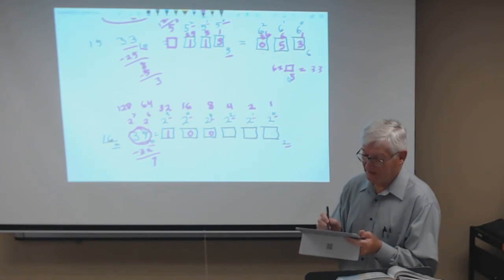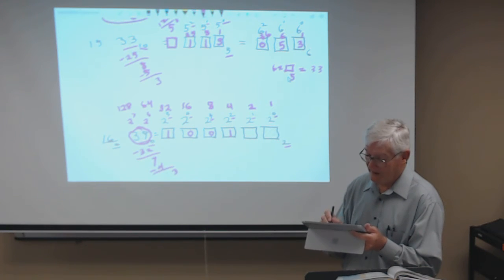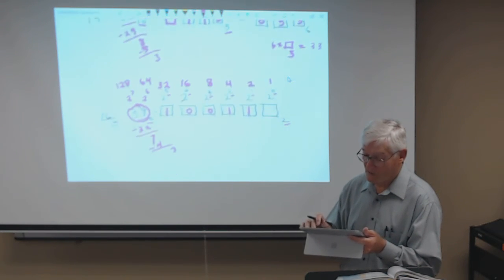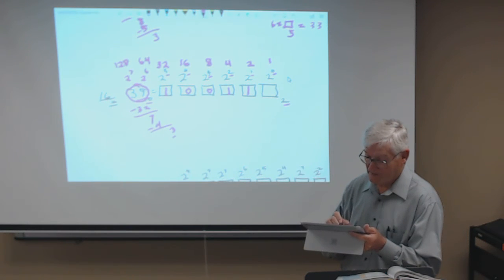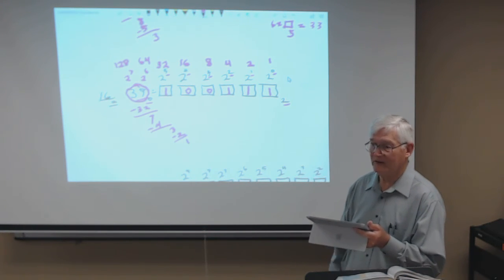No. Any 4s in 7? Yes, one of them. Minus 4. That leaves me with 3. Any 2s in 3? Yes, one of them. Minus 2. That leaves me with 1. Any 1s in this? Yes, one of them. And there's the answer. 100111 in the base 2.